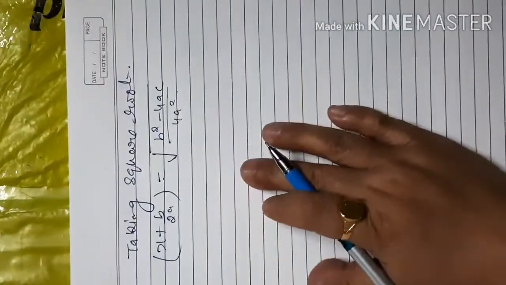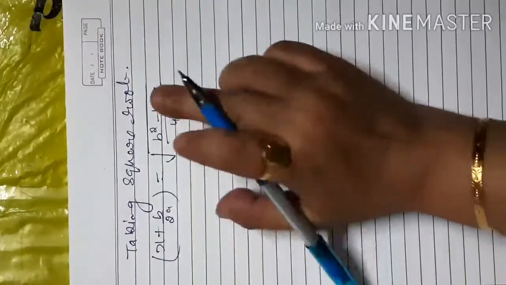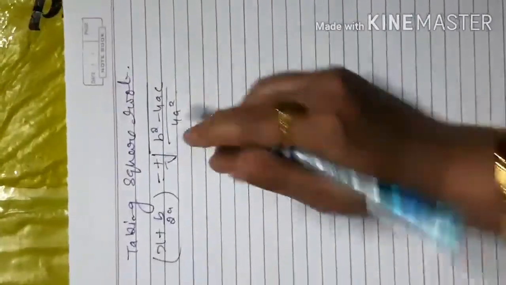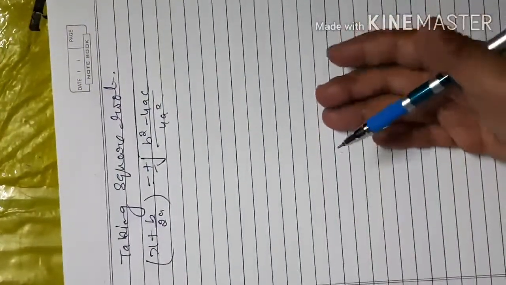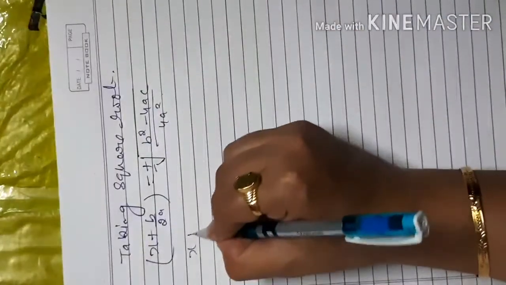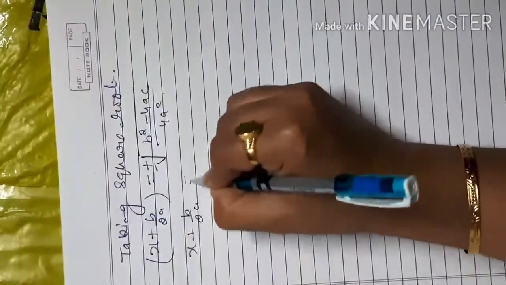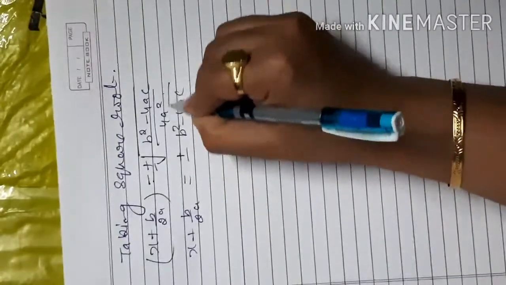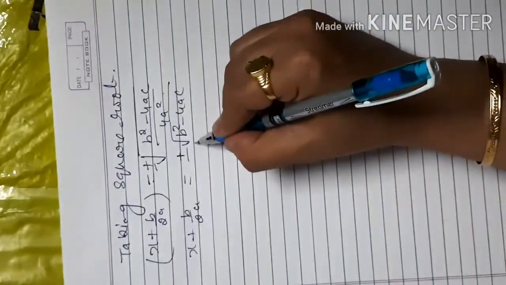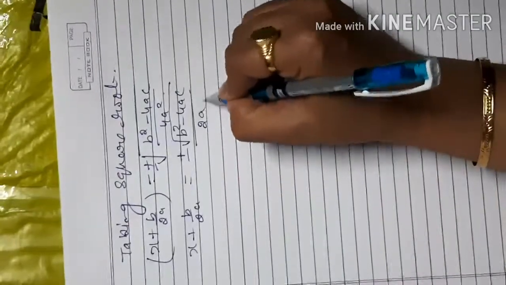And whenever I take the square root on both sides, on the right side we always take plus minus. Plus minus means if there is a negative value, after squaring it becomes a positive value. So here x plus b by 2a is equal to plus minus the square root of b square minus 4ac, and the denominator 2a is left.